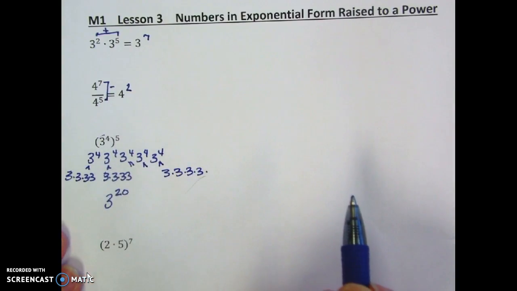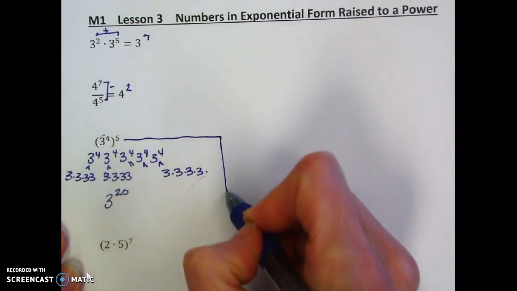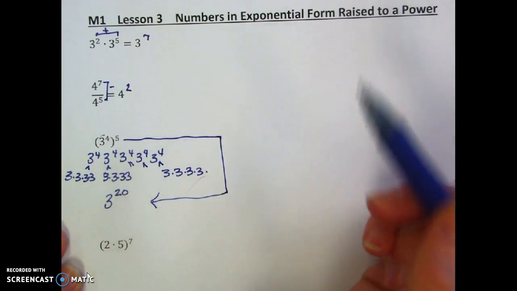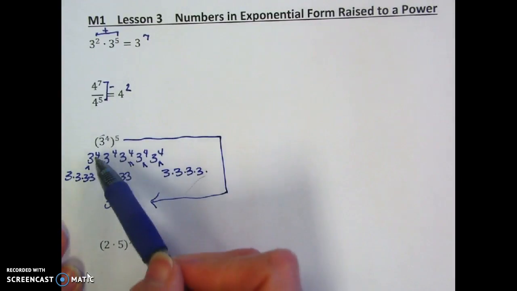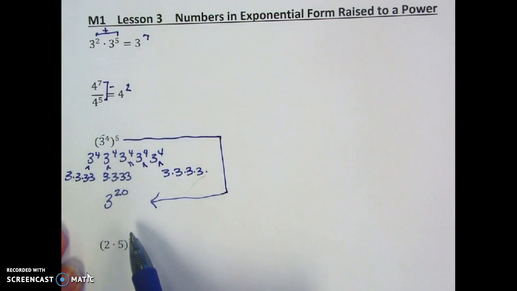of 20. So let's go back up here and see if we can go straight from here to here without having to do all this work in the middle and think this whole thing through. So if I have 3 to the 4th power and then to the 5th power, what can I do to find a 20th power?